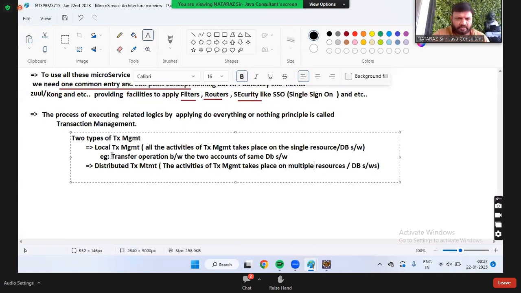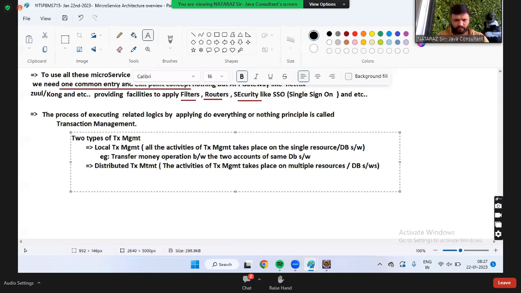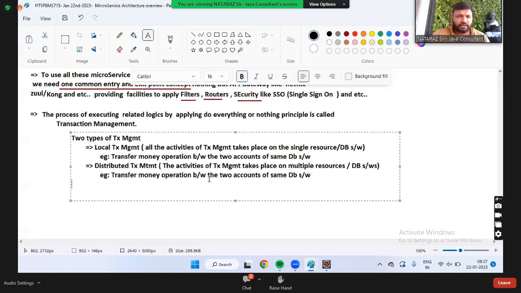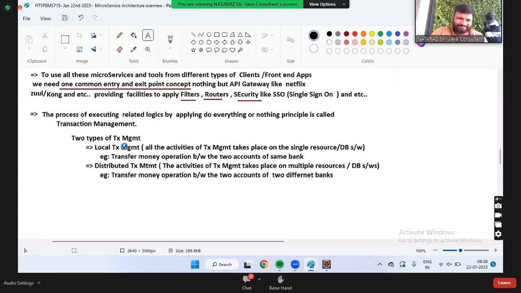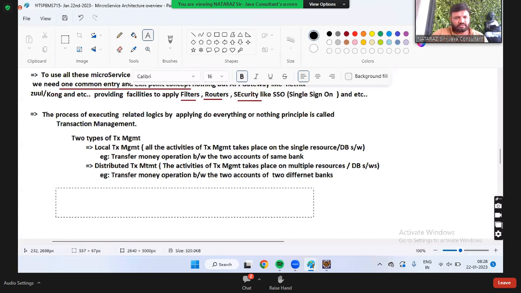Example: a transfer money operation between two accounts of two different banks, versus two accounts of the same bank. Got it, boss? Convinced, my dear?